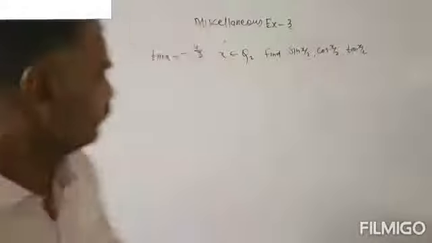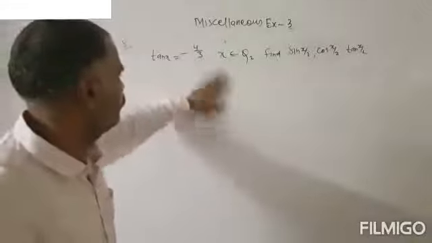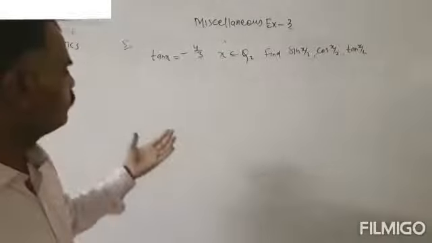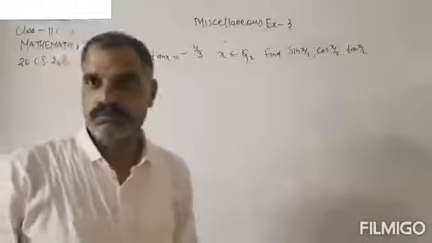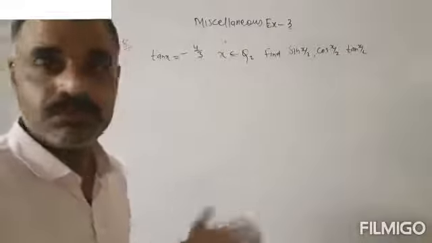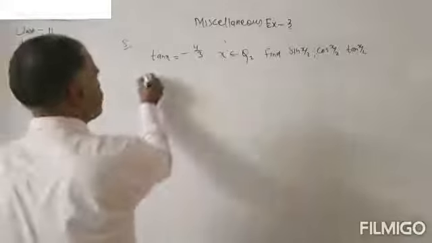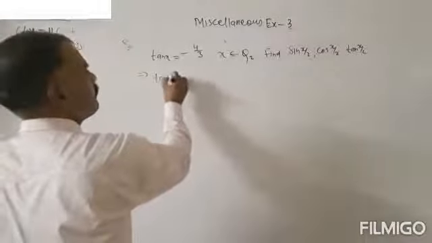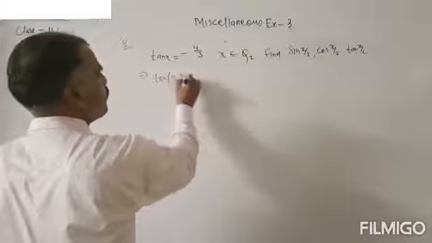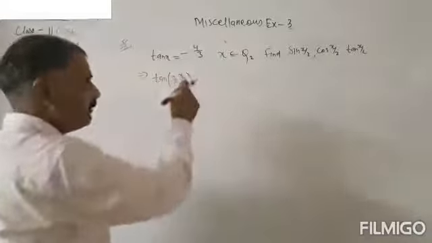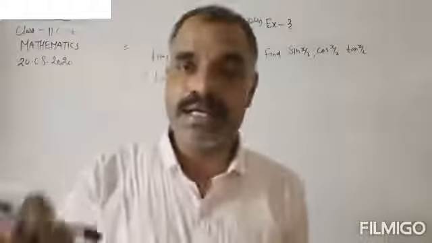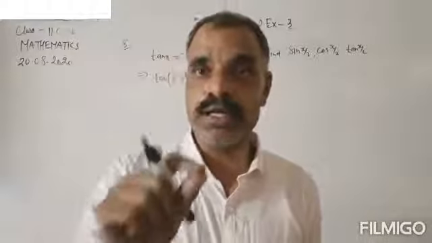So using a trigonometric identity to solve this, tan x is equal to minus 4 by 3, that is tan of 2 into x by 2, since x can be written as 2 into x by 2.